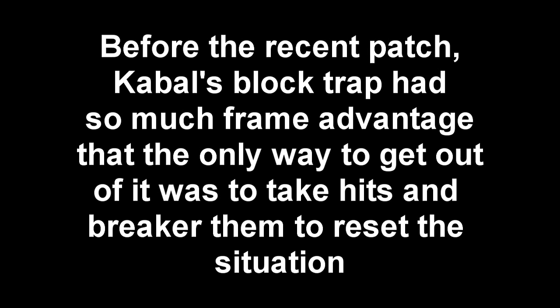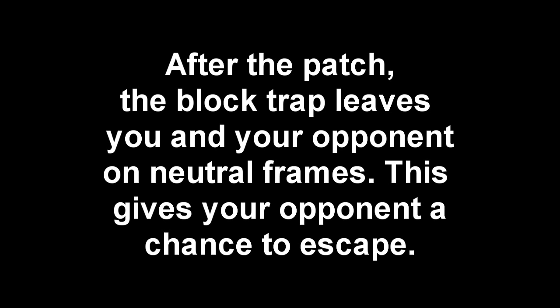Now with the recent patch, the block trap has been patched such that you and your opponent are supposedly on neutral frames when the block trap is finished, meaning that after one iteration, you and your opponent are technically both equally viable to start something of your own.